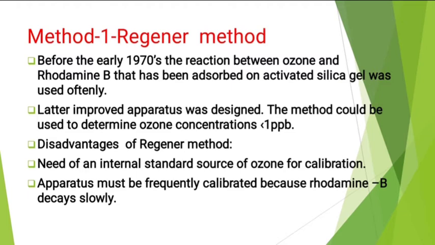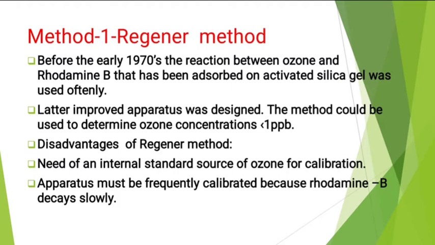A disadvantage of the Regener method is the need for an internal standard source of ozone for calibration. This is a limitation of the Regener method. A second limitation is that the apparatus must be frequently calibrated, because rhodamine B undergoes a decay process, and this decay process is very slow.